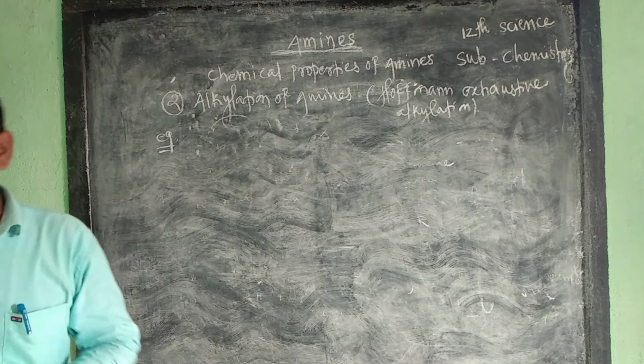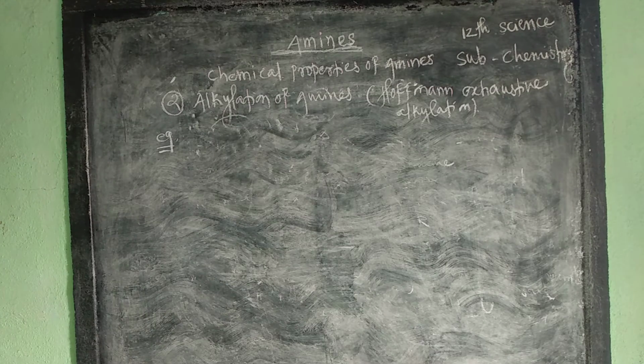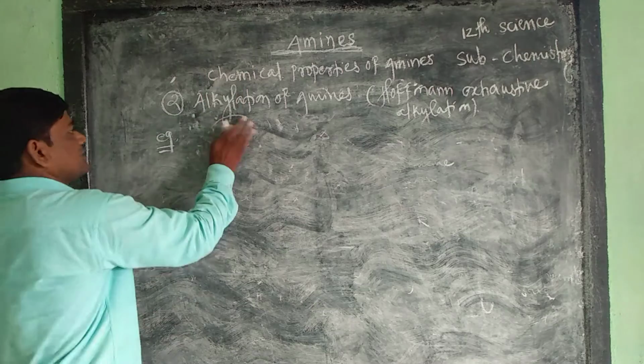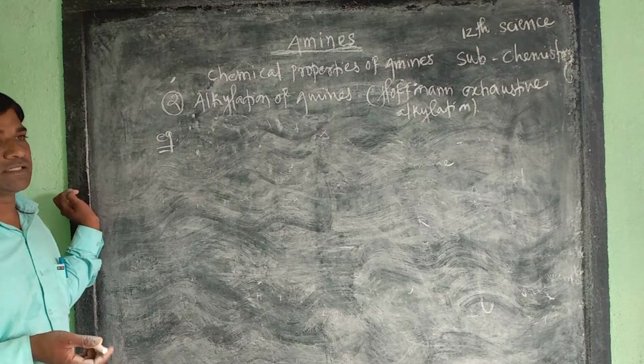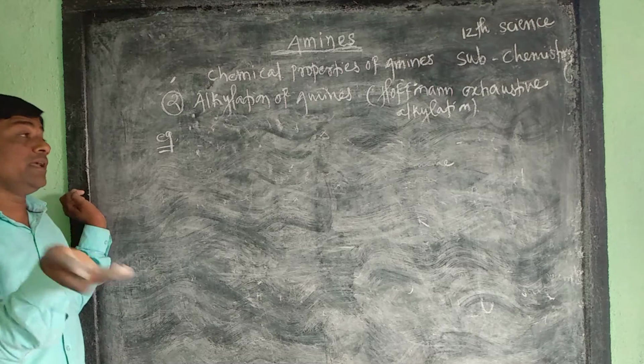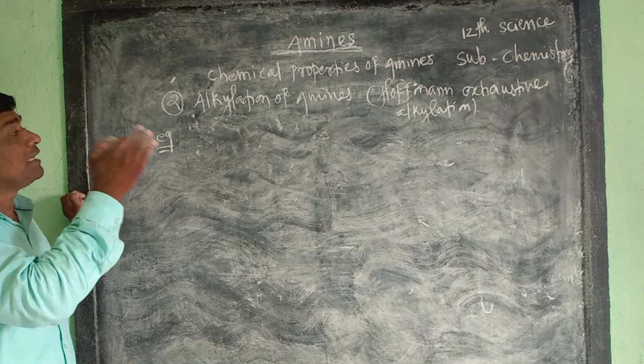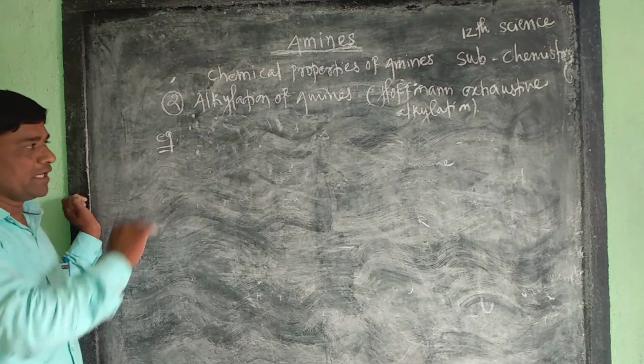The reaction is known as exhaustive methylation of amines. Whenever the alkyl halide is methyl iodide.